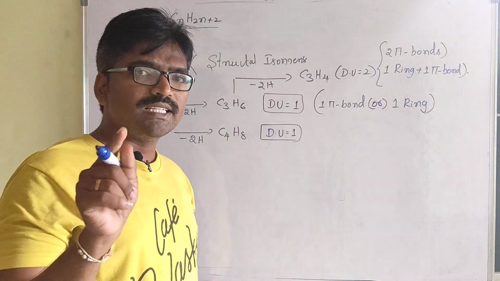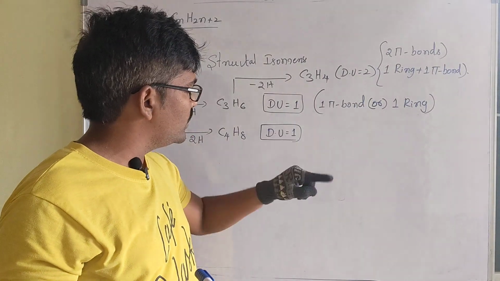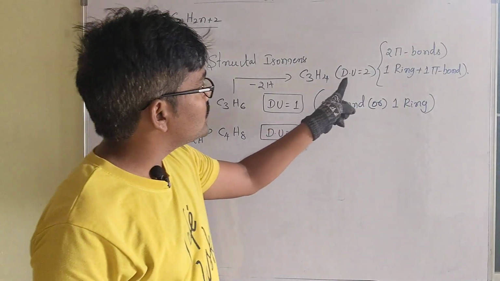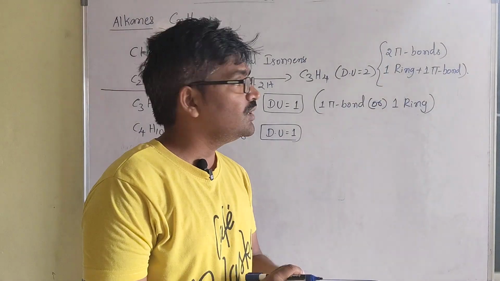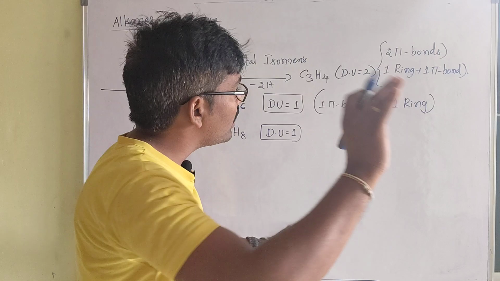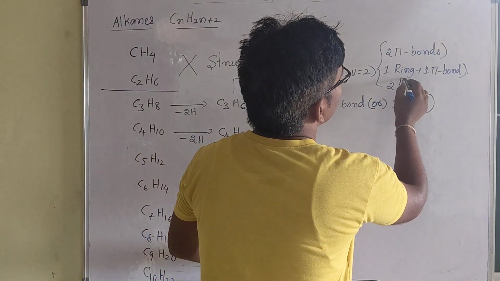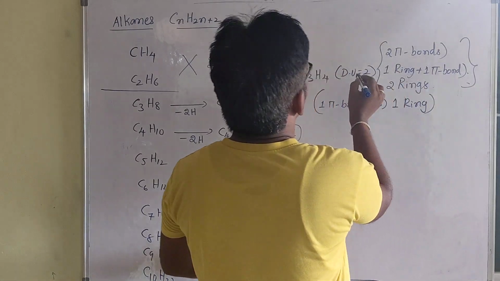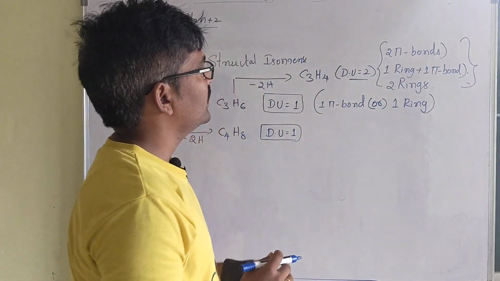If the degree of unsaturation is 2, 2 pi bonds are possible, or otherwise 1 ring and 1 pi bond are possible, or otherwise 2 rings are also possible when C3H4.